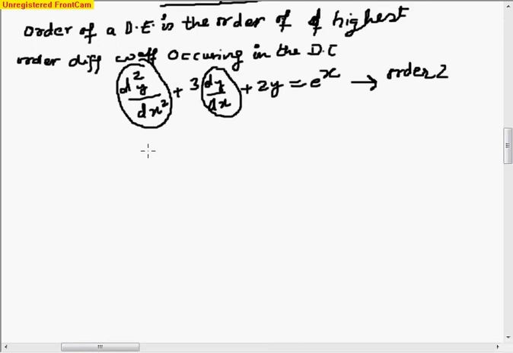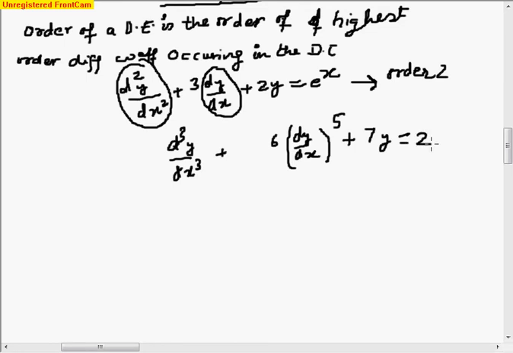Now consider this differential equation. d cube y upon dx cube plus 6 dy by dx raised to power 5 plus 7y is equal to 2. Can you tell me what is the order? Here x is the independent variable, y is the dependent variable.